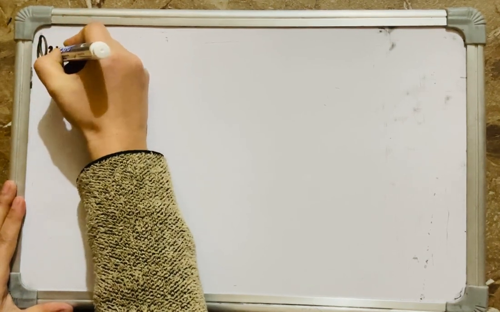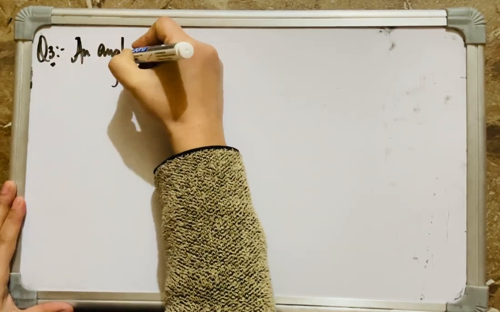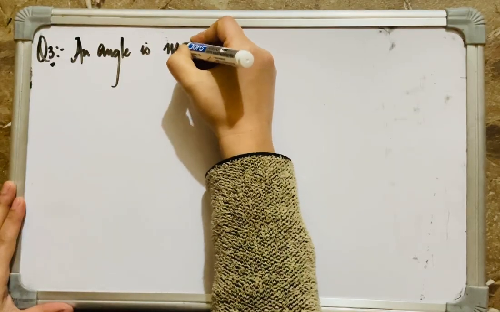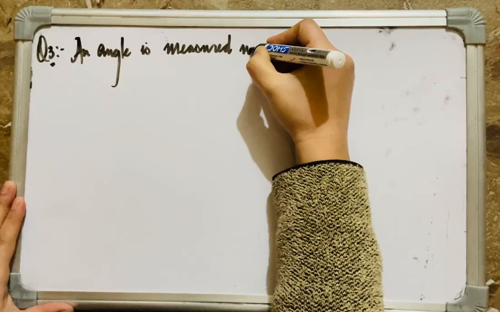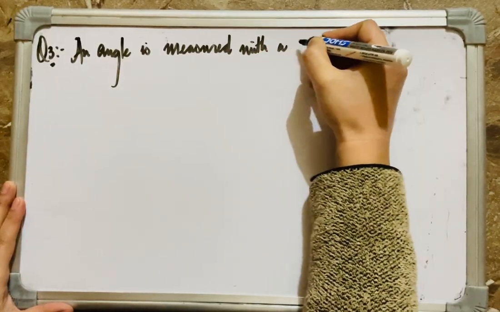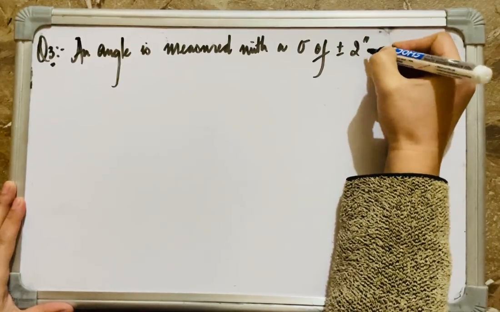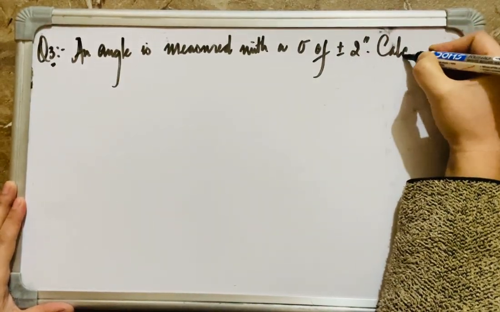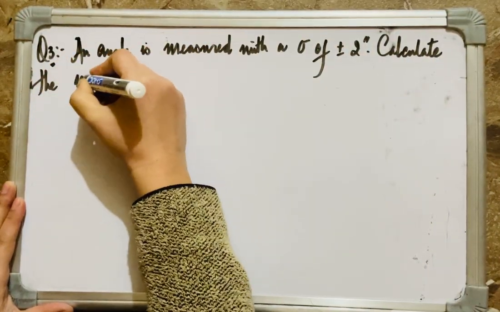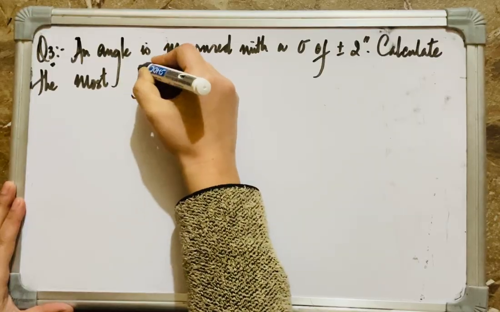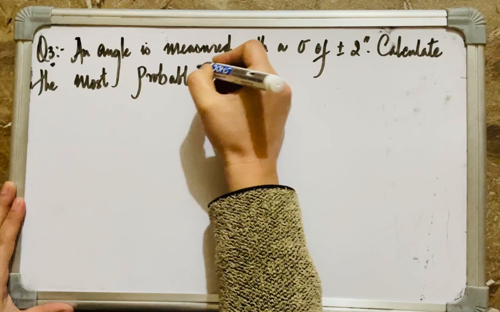Question number 3 is, an angle is measured with a standard deviation of plus minus 2 seconds. Calculate the most probable error.